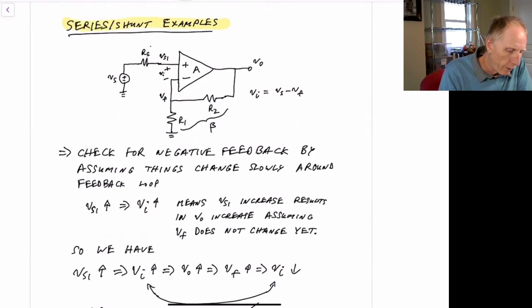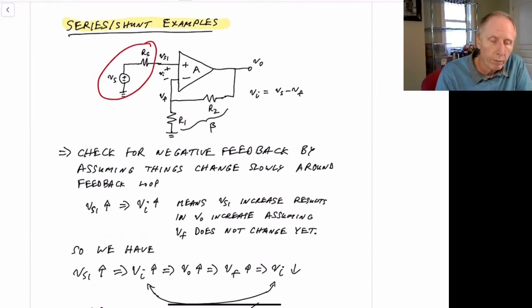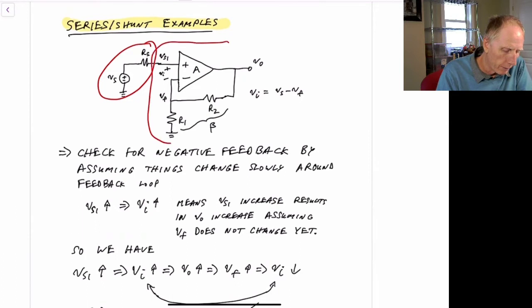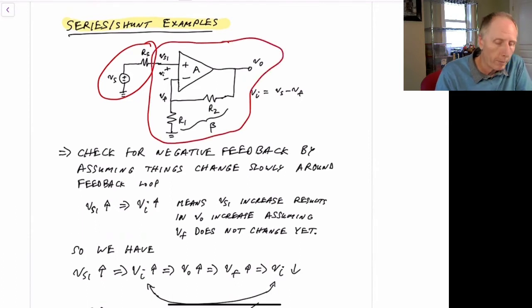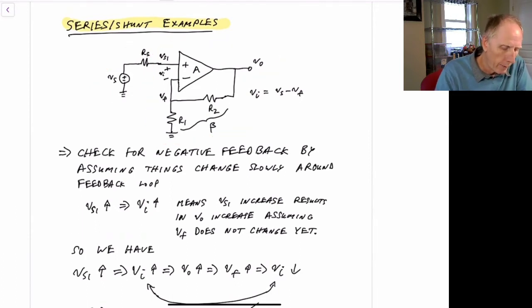So we have our input over here. It's applied to a non-inverting amplifier for an op-amp. And we can see in this case, we're sampling the output. So V out here is being sampled with a parallel connection going into our beta network.